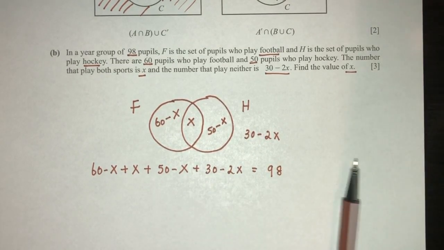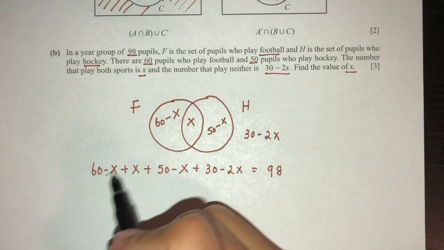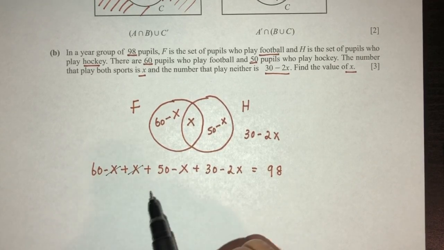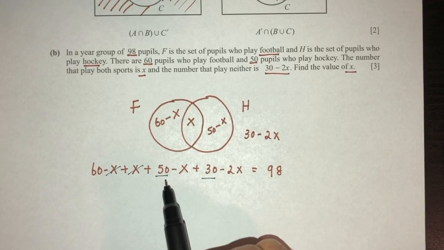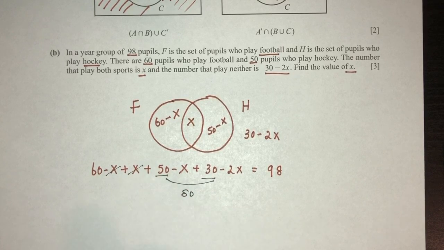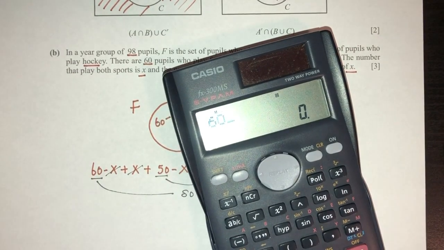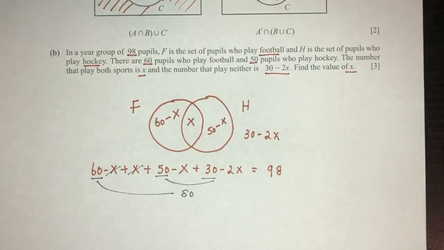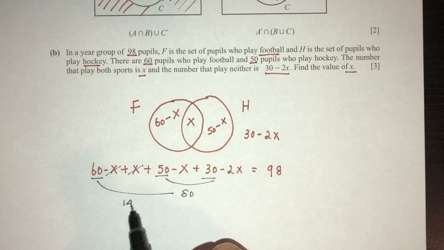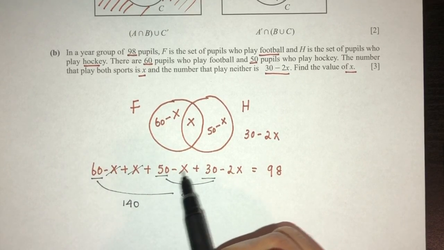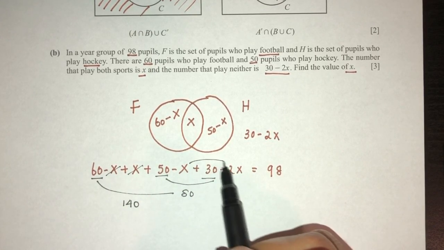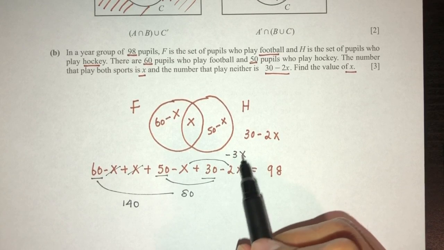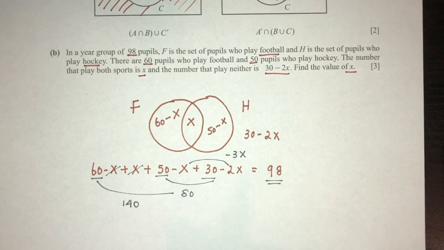Let's simplify. So the x's cancel out. We have this plus this, that will be 80. This plus 80, let's use your calculator, 60 plus 80 should be 140. So 140. And then you have minus x minus 2x, that will be minus 3x. This is 98. So let's simplify.